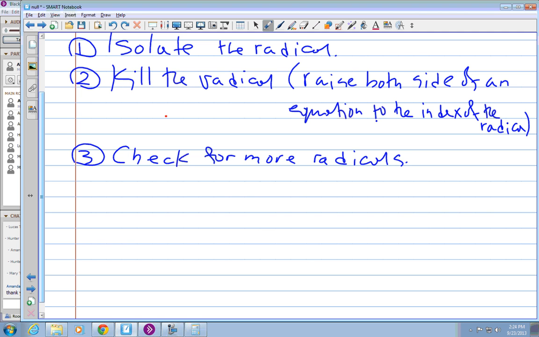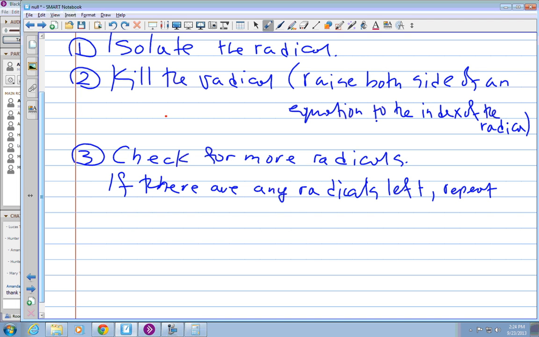So if there are any radicals left, repeat steps 1 through 3. So you go back, you isolate and kill.